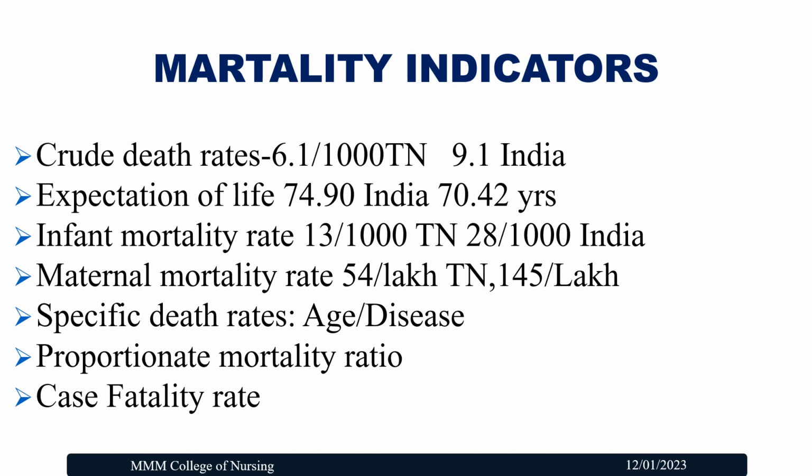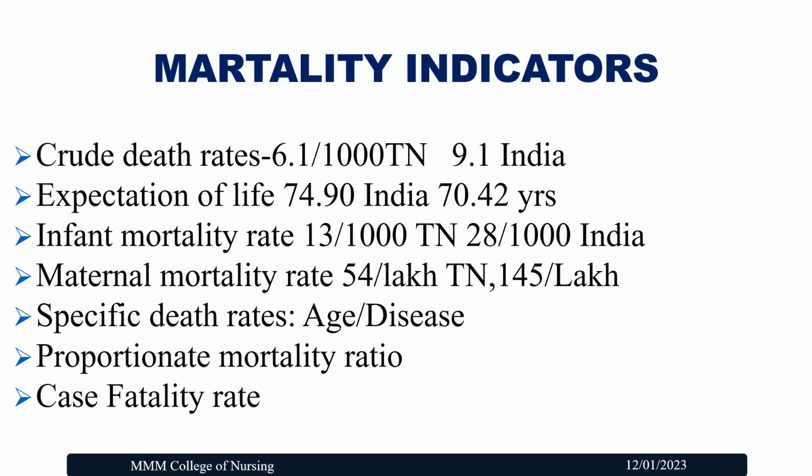Next is MMR, the maternal mortality rate. That is death that happens during pregnancy, during the delivery, or within 42 days after the delivery. This is 54 per lakh in Tamil Nadu and 145 per lakh in India.